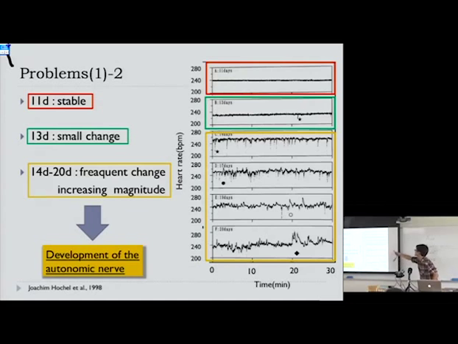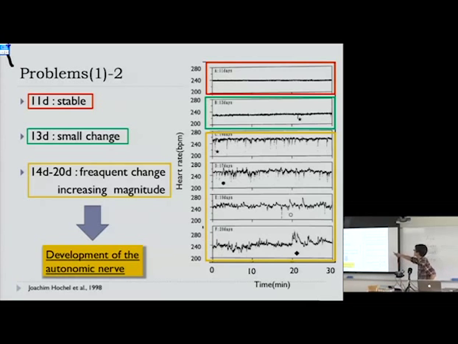But look at this graph. This direction is incubation time, and this direction is heart rate. This wave shape is measured for 30 minutes in the incubator, which means the temperature is almost the same.